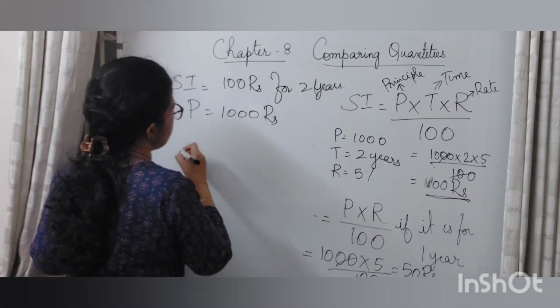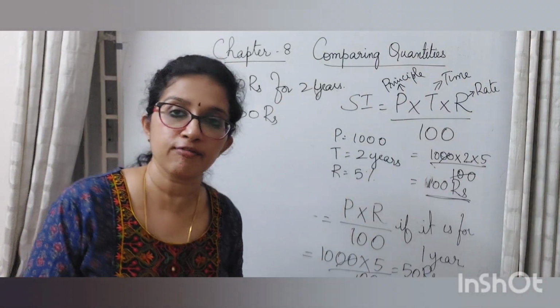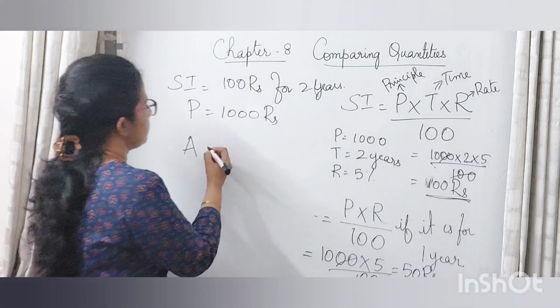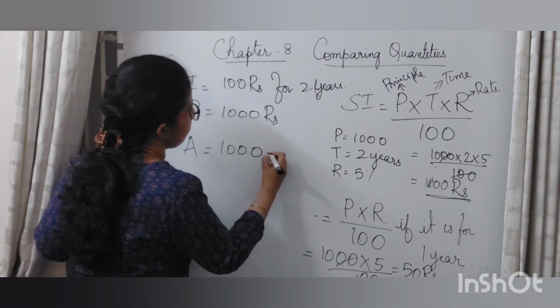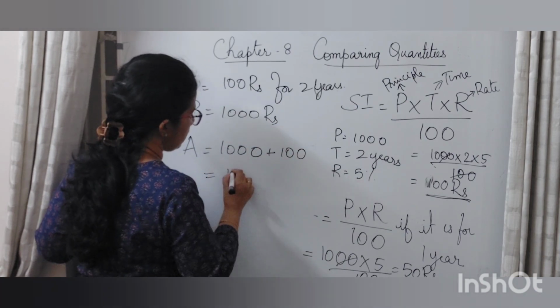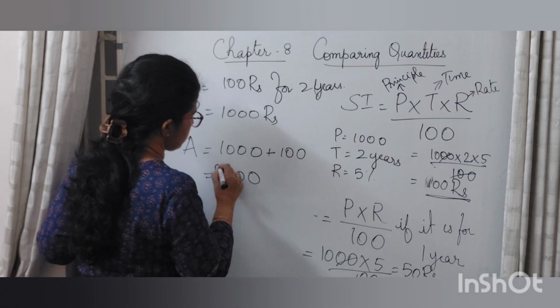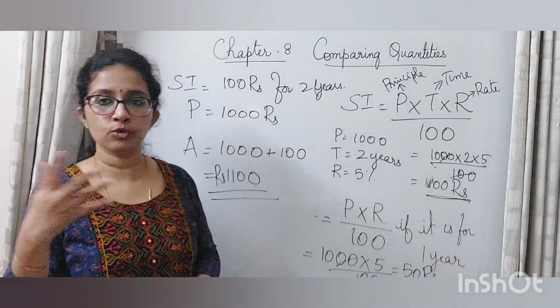We have to find the amount which we have to give to the bank after 2 years. A is equal to 1000, which is the principal, plus the interest, that is 100, which is equivalent to 1100 rupees, is what we have to give to the bank after 2 years.